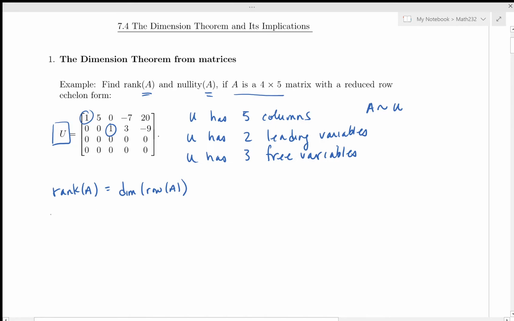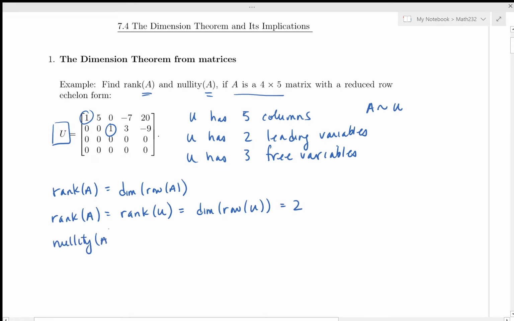So that means that the rank of A is equal to the rank of U. And we can see what the rank of U is. That is the number of non-zero rows. So the rank of U is also the dimension of the row space of U, and we can see that that is 2.